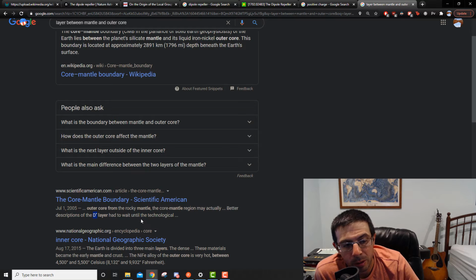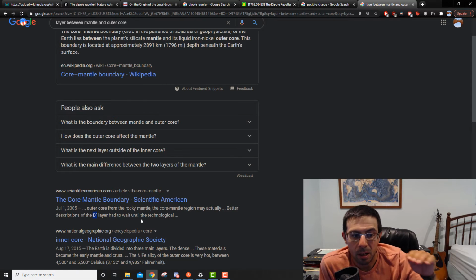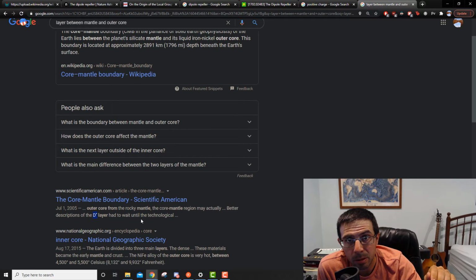We know that when earthquakes reach it, they change, and so we're able to basically shape this layer based off of that. What's interesting is this D double prime layer is at the edge of the mantle and outer core boundary.